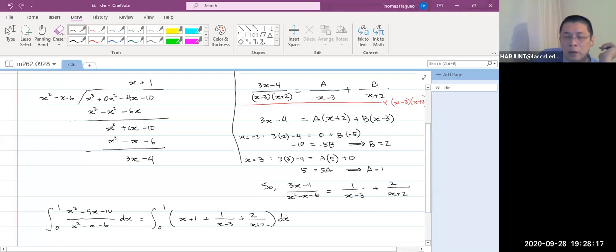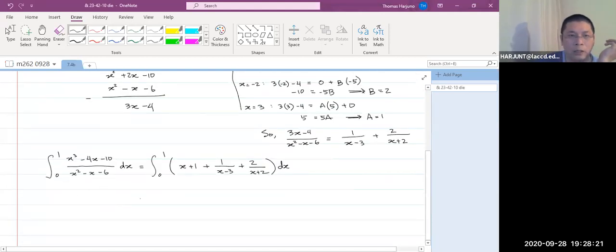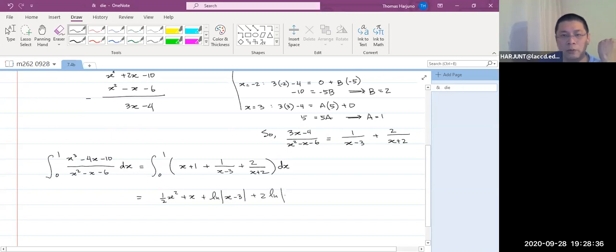Okay, now from there, I believe you can integrate yourself. I just do this for formality, but I do expect you are able to do it yourself. This is 1/2 x squared plus x plus natural log of absolute x minus 3 plus 2 natural log of absolute x plus 2, from 0 to 1.